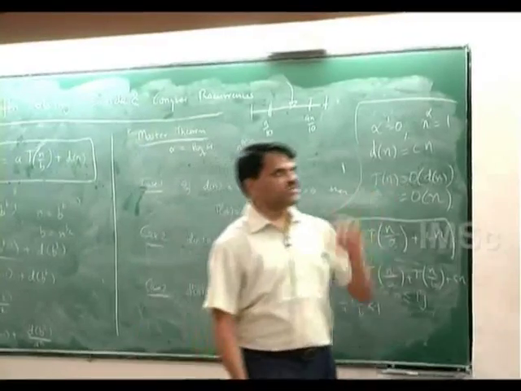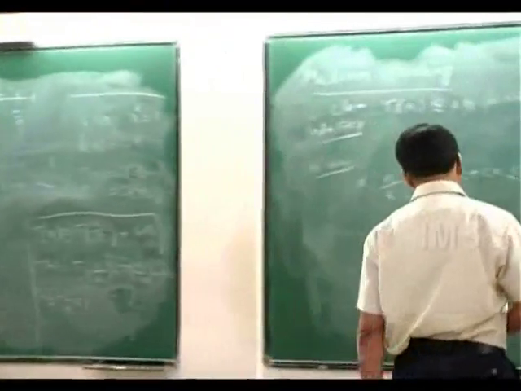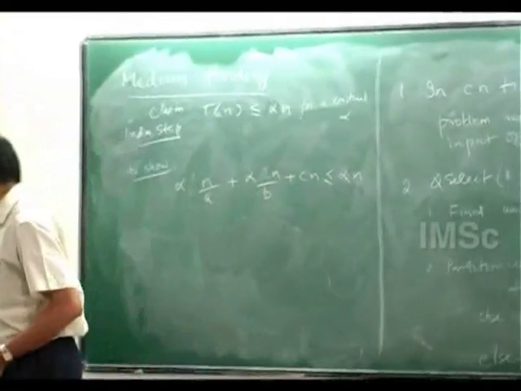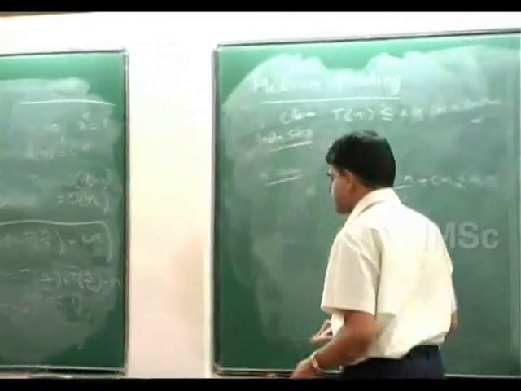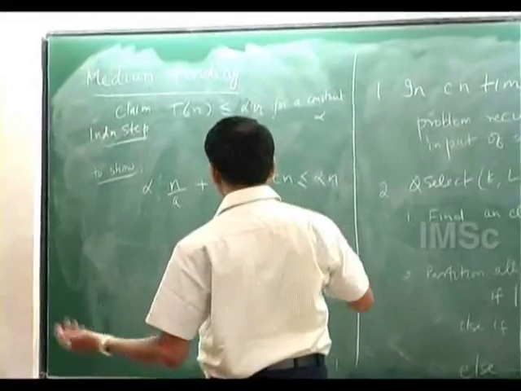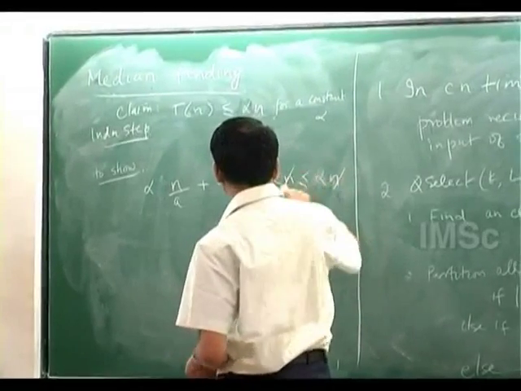But I'm just giving you yet another proof by induction, and particularly to see why I need this fact that 1 by a plus 1 by b is strictly less than 1. So I want to show this. Let's get rid of n.